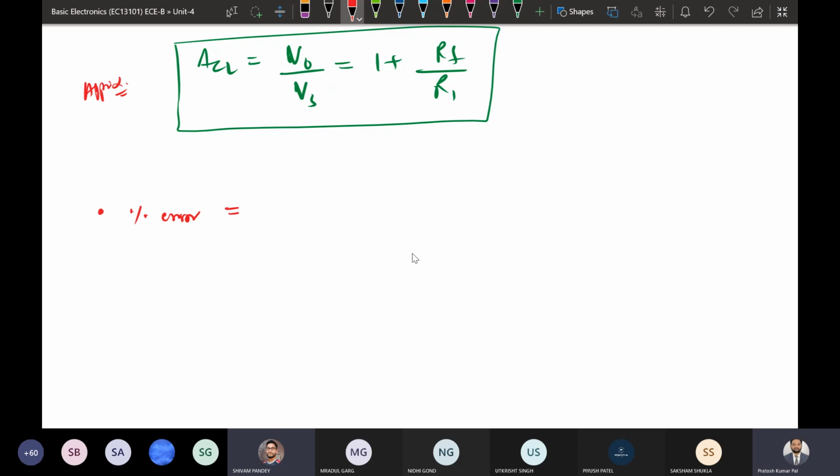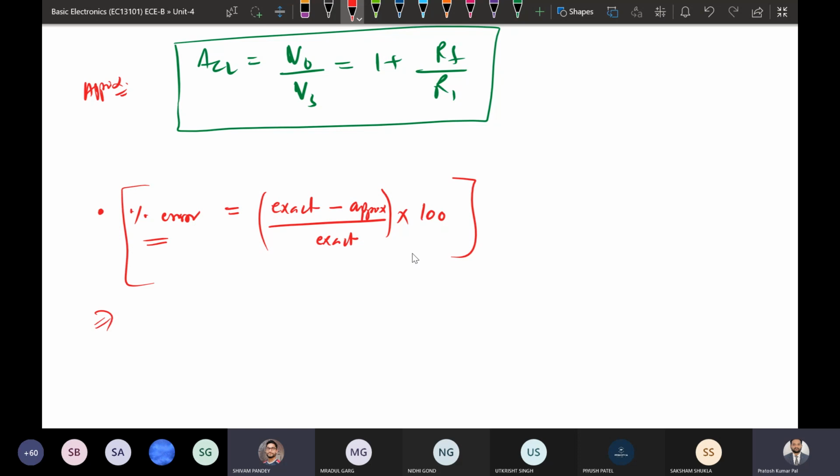So that error is given by the exact value of gain, in case of negative feedback inverting or non-inverting, minus the approximate value of gain, divided by the exact value of gain, multiplied by 100. So this will give the percentage error in the calculation of gain. So this is how we will be doing the analysis in case of inverting and non-inverting amplifier.